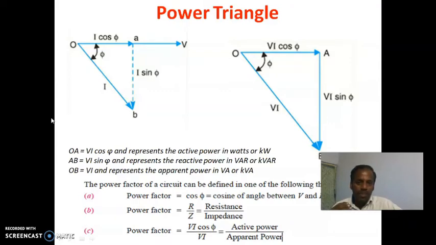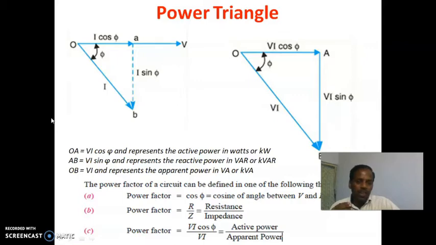VI is called the apparent power, that is, the complex power. Only a portion of the power acts as useful power. For example, if you take a motor and measure the power using a wattmeter, it is the real power.